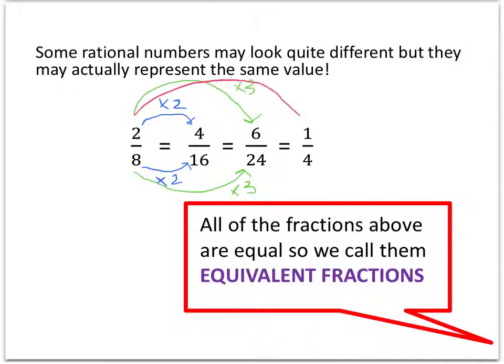And the last one, if we divide 2/8 by 2, we get 1/4, which is still the same value as 2/8. All of the fractions above are equal, so the name that we give them is equivalent fractions.